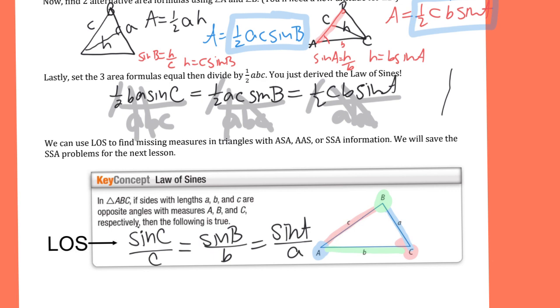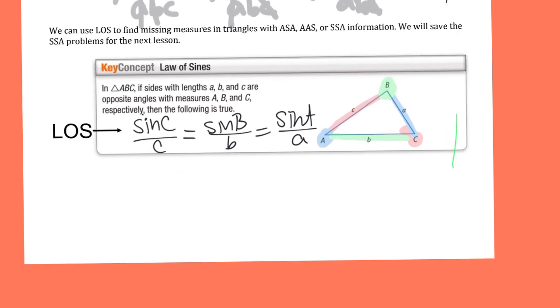It is awesome, okay? And so we also have formulas for how to find the area of a triangle. You know area is 1/2 times base times height, but there is also an area formula for any triangle. You can do 1/2 times AC times the sine of B, basically the two sides and the sine of the angle between them.